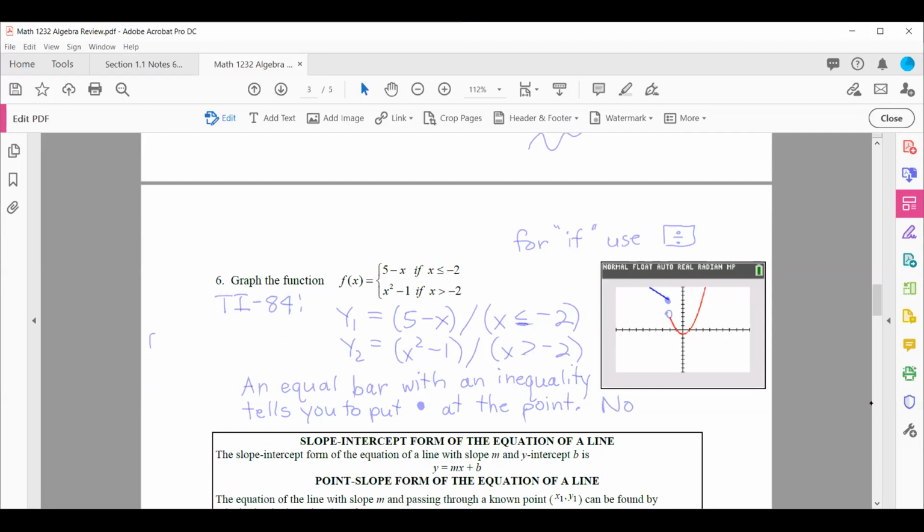With no equal bar, put an open circle at the point, if that makes sense. Okay, so like I said, the blue line represents the first piece of the function. So where x is -2, I put a closed circle because of the equal bar.